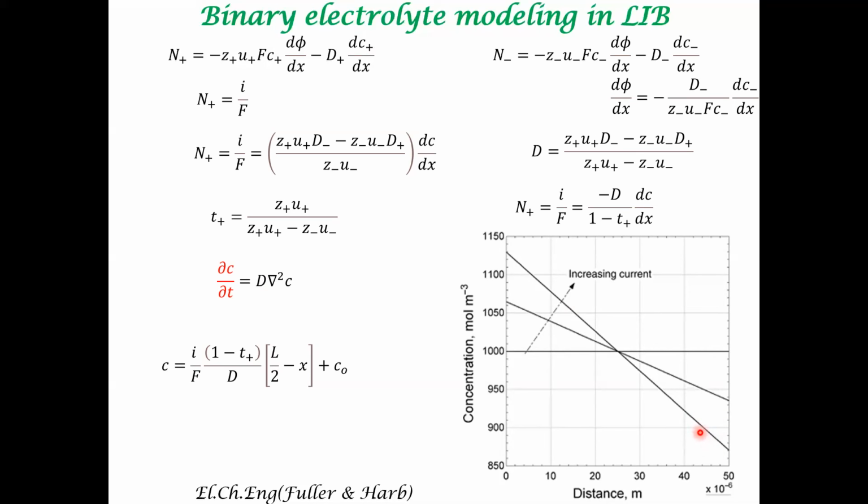So this is something that is to be avoided in a lithium-ion battery. What is to be avoided? When you operate at very high currents, there are mass transfer constraints associated with very high concentration at the anode and at the cathode.